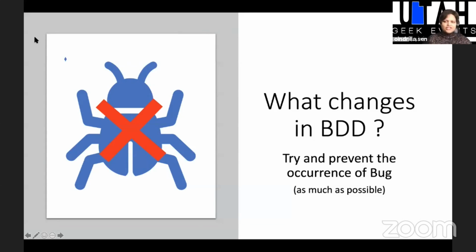So what I mean by try and prevent occurrence of bugs is, when you know the nature of an object, for example, a washing machine, when you know that that particular appliance is made to clean your clothes alone, there is no need for a human person to be inside the machine.